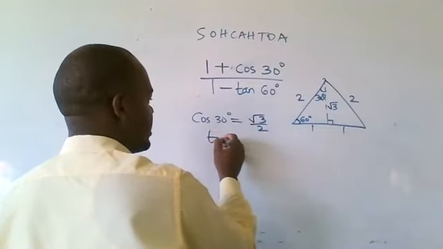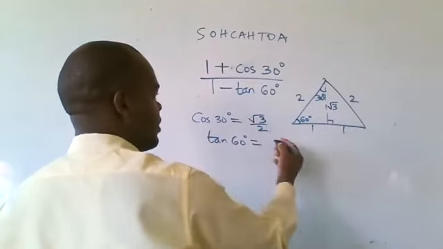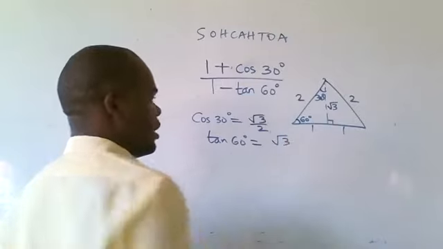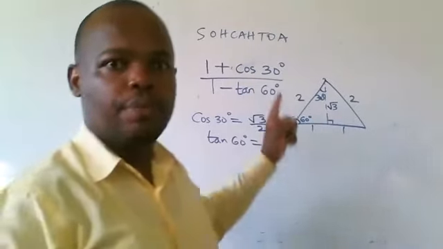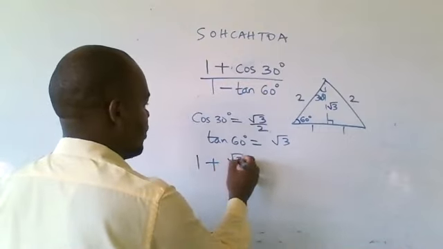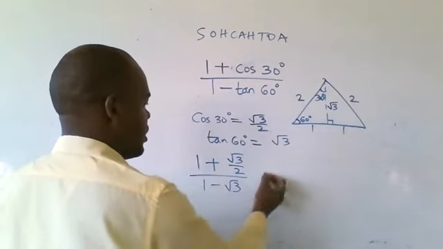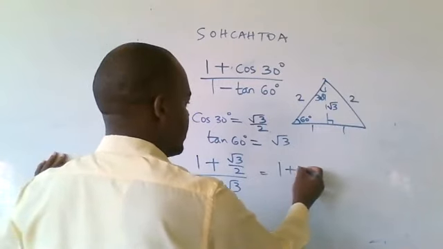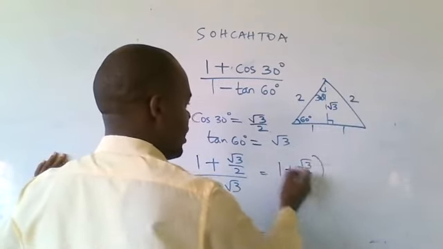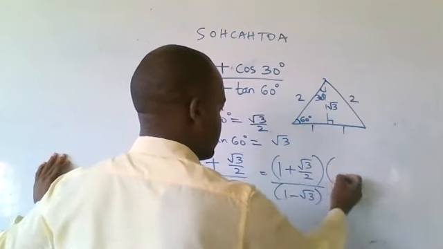And then the tan 60 is opposite over adjacent, which is square root of 3. So from there, you put it down there. You have 1 plus square root of 3 over 2 over 1 minus square root of 3. Then you rationalize the denominator by multiplying by its conjugate.